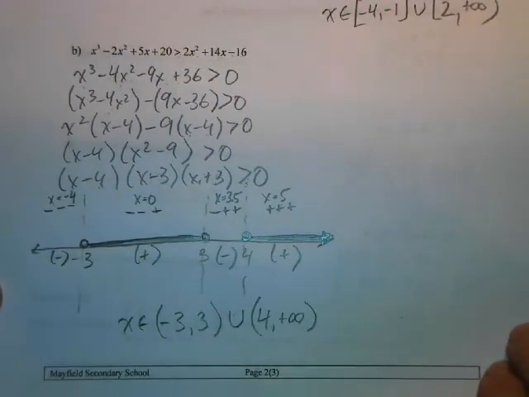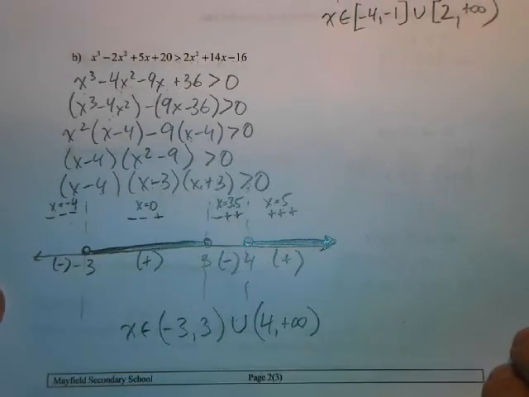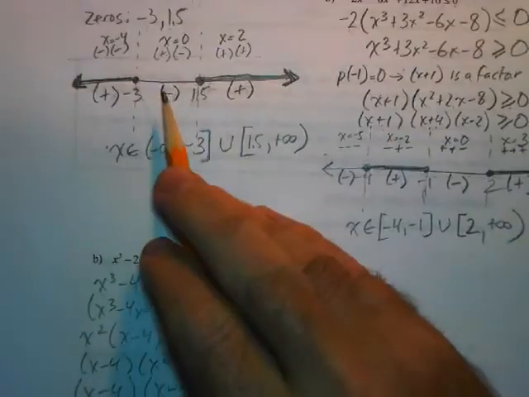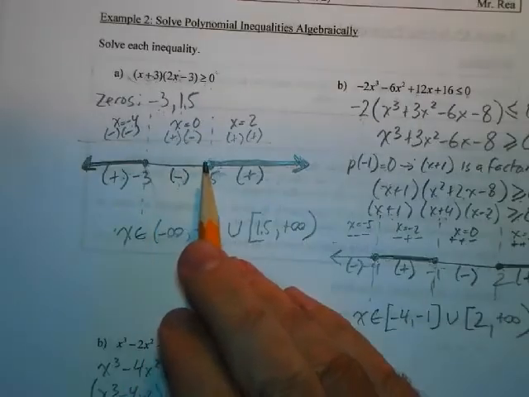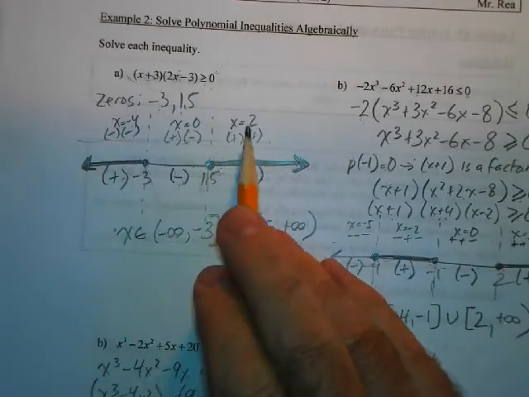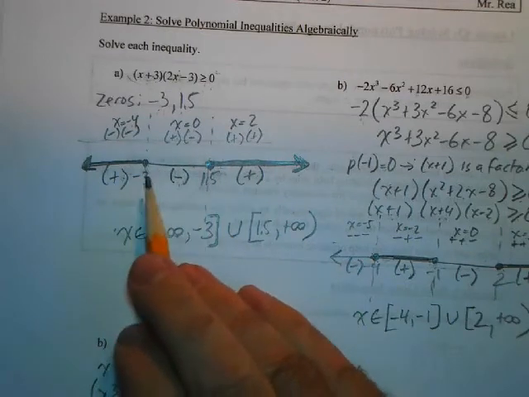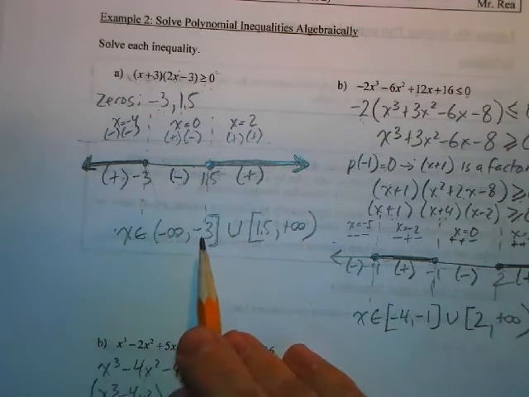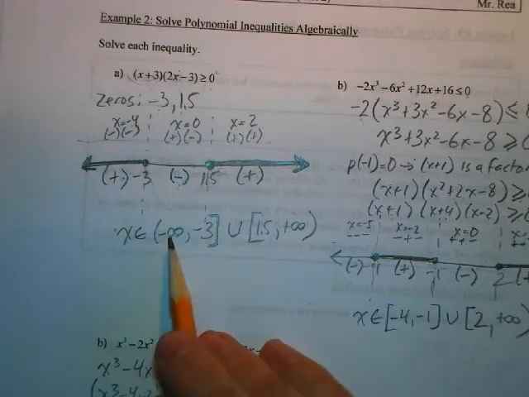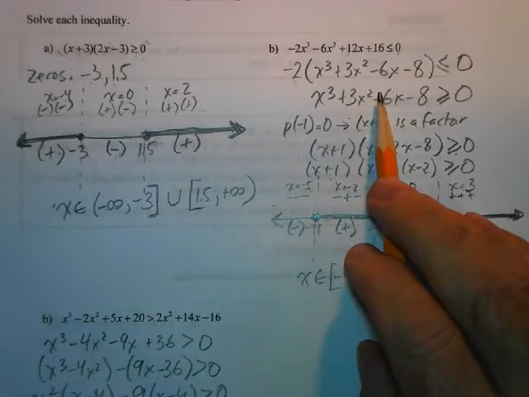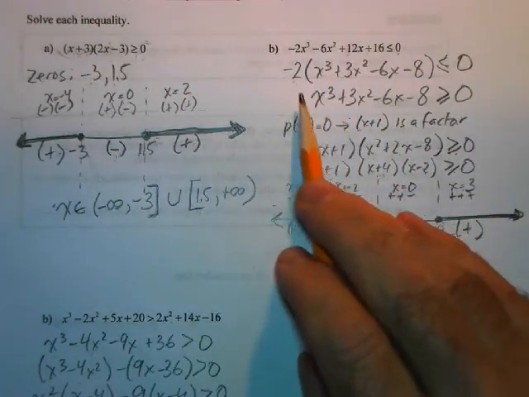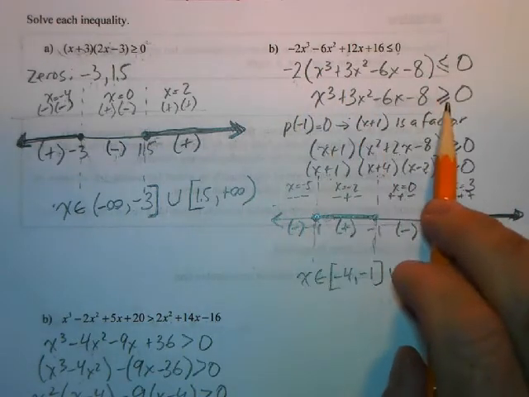I mean, we've done three different ones where one was already factored for us. So we got the zeros very quickly, did our interval testing, and then came up with our number line solution and translated that to interval notation. This one here, we kind of skipped a couple steps. We factored out -2, changed this direction.